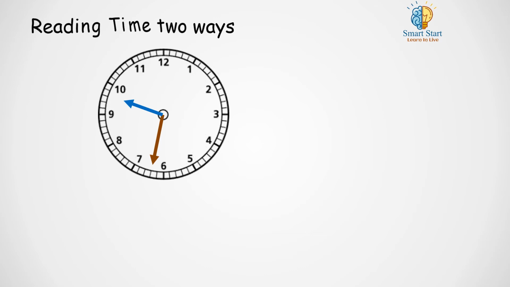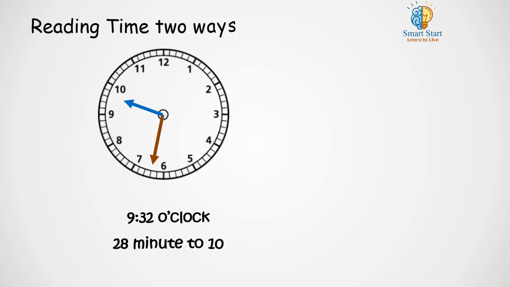That is, the minute hand is on the left hand side, between 6 and 12 of the clock. So, one way to read the time is 9:32 o'clock and the other way we read it as 28 minutes to 10.